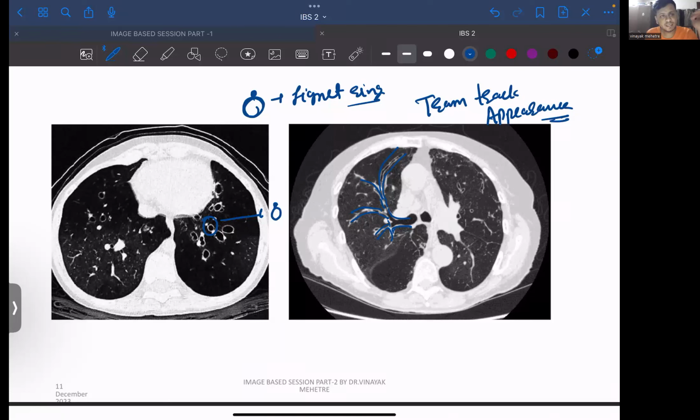इसका मतलब ये नहीं है कि you will see it only in one disease. Tram track appearance can be seen in so many diseases.